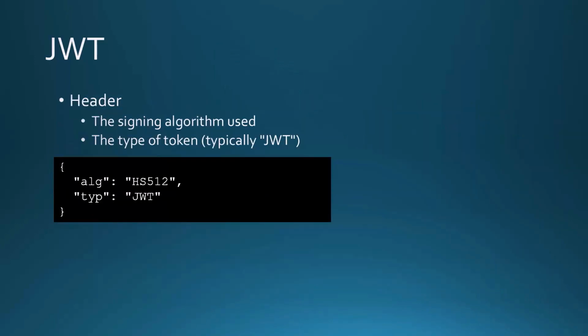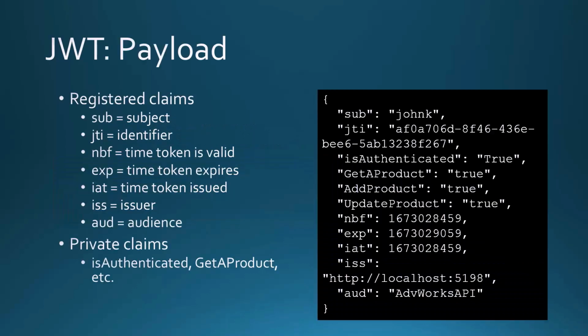The header portion of that token tells us what signing algorithm was used and the type of token. It's typically JWT, but there are other types of tokens. The payload contains things like the subject, the JSON Web Token identifier, the time the token is valid, the time the token expires, the time the token was issued, the issuer, and then the audience.